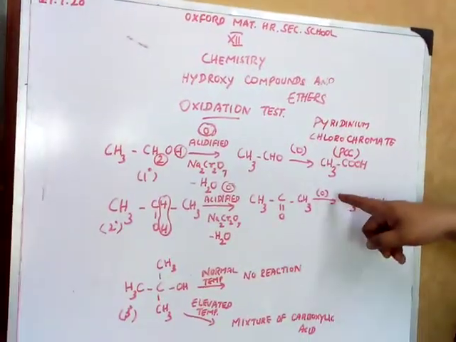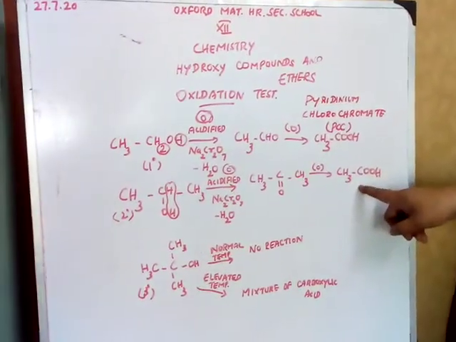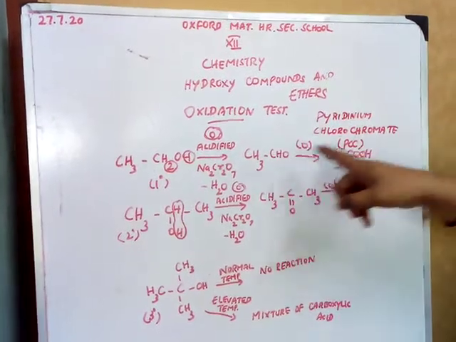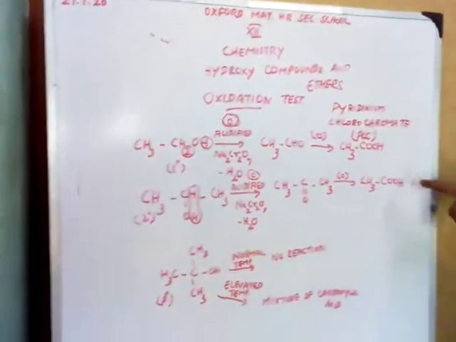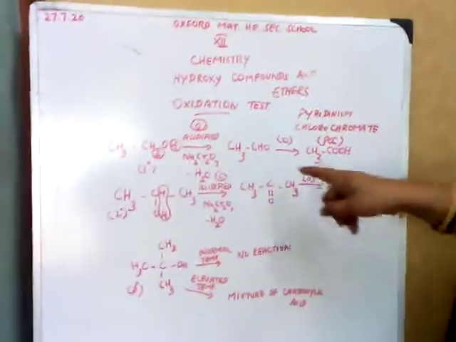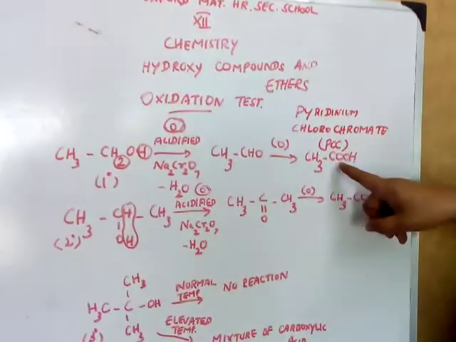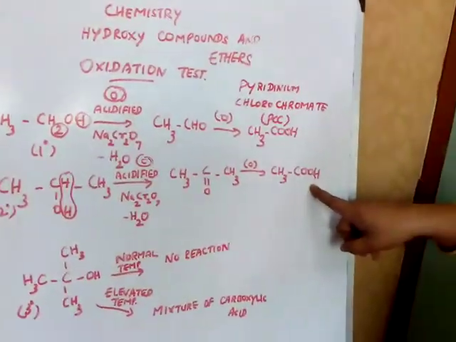This ketone again on oxidation gives acetic acid. Primary alcohol, final product is acetic acid. Similarly, even secondary alcohol also forms acetic acid. The basic difference is that here acetaldehyde on oxidation gives acetic acid, and here acetone on oxidation gives acetic acid.